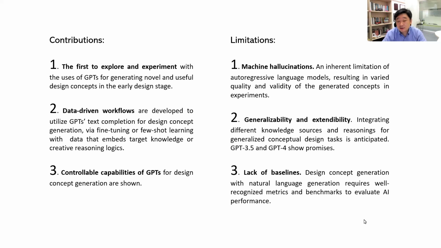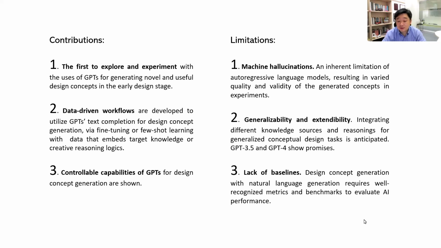For concepts generated by AI or human designers, we need to evaluate them in terms of novelty, feasibility, and usefulness. If we use AI to generate concepts, we're going to generate many, and that requires automated concept evaluation. That requires well-established, well-accepted metrics and benchmarks to evaluate the large number of AI-generated design concepts.